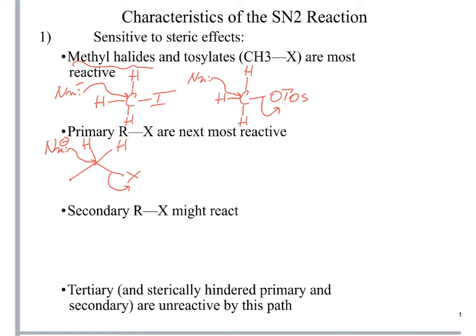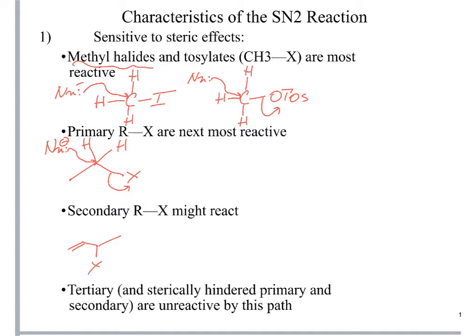Secondary alkyl halides might react, especially those at the benzylic and allylic position. So the secondary alkyl halides are the gray area because they undergo competing processes such as elimination. And let's take a look at the secondary allylic alkyl halide.